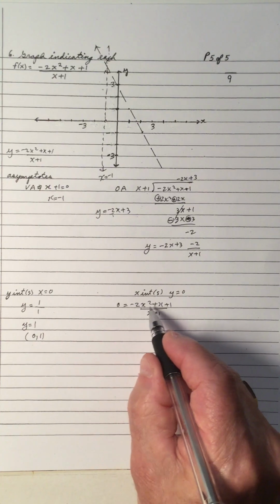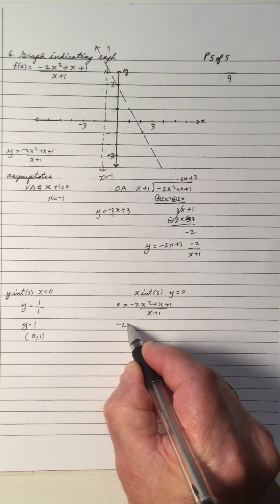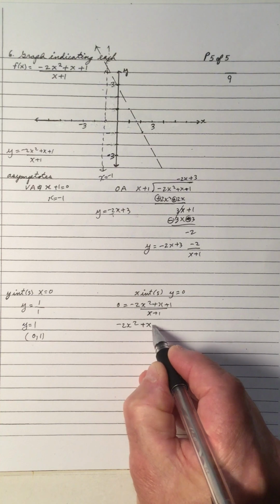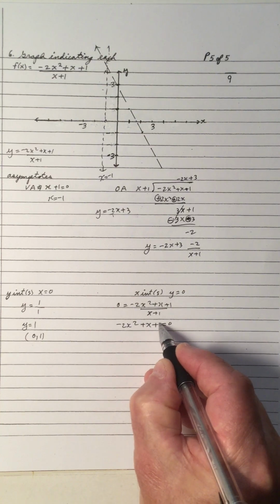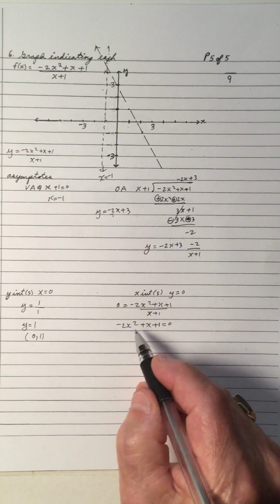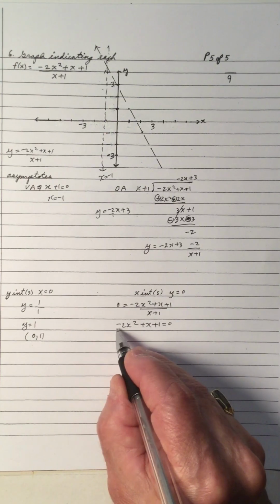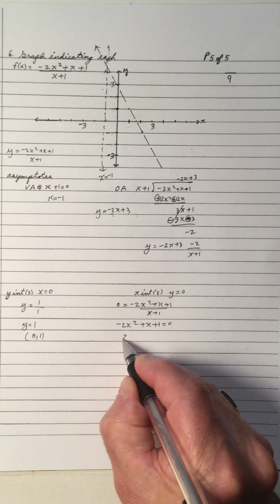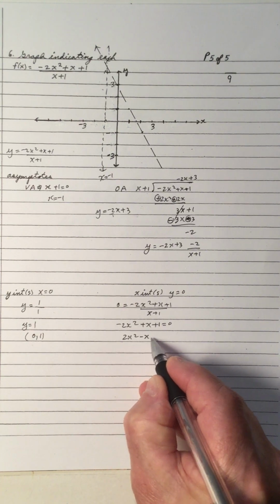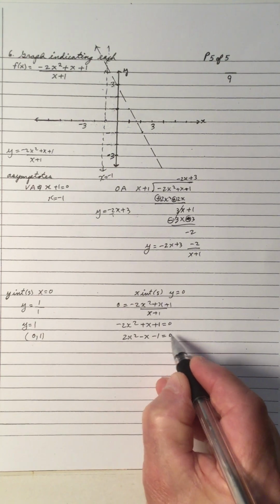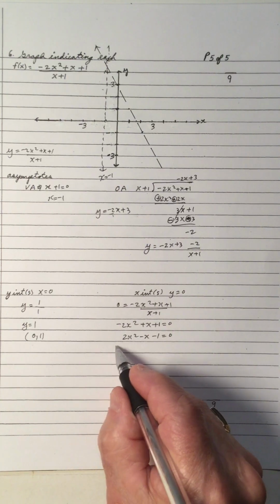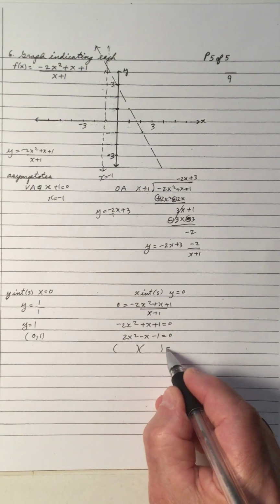And if this fraction is equal to 0, that means the numerator must be 0. So I'm going to divide by negative. So that's 2x squared minus x minus 1 equals 0. And hopefully this is factorable to make it easier.